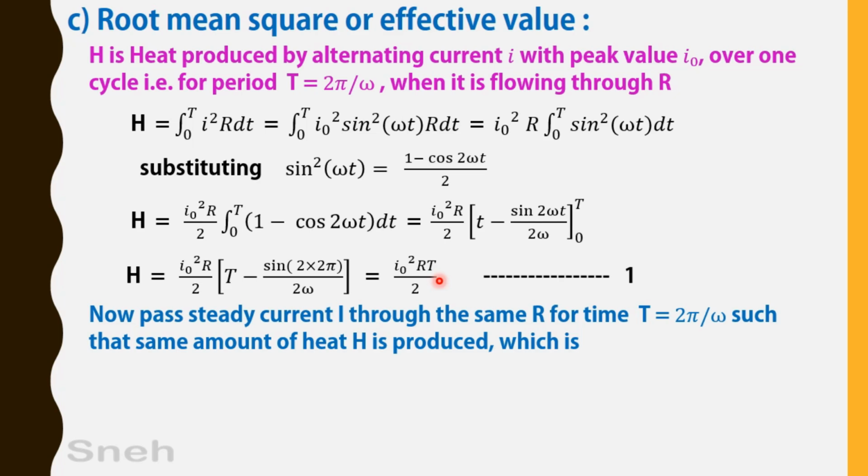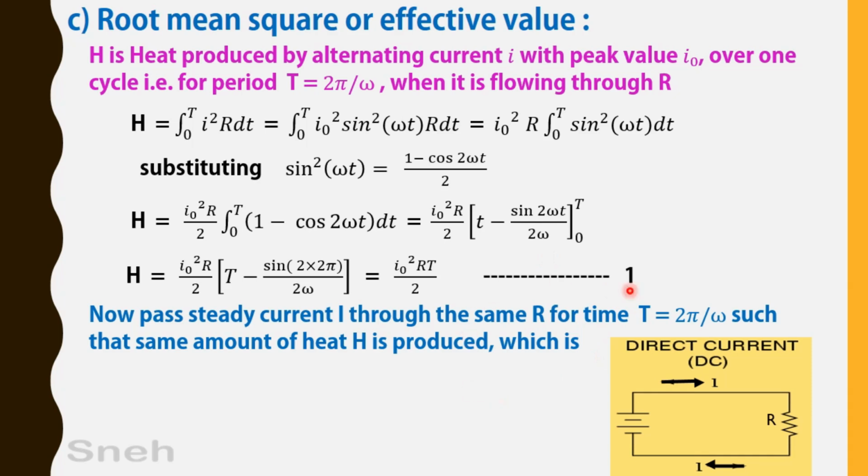Now if I pass a steady current I through the same R, the same circuit I am having, only now I have replaced the alternating source with a constant DC voltage. As I am now connecting a DC voltage here, the current flowing through this circuit is now constant.